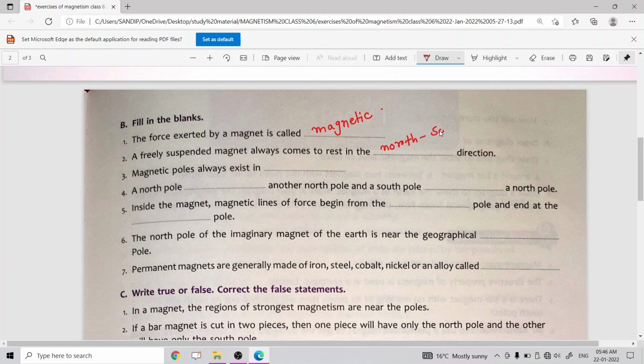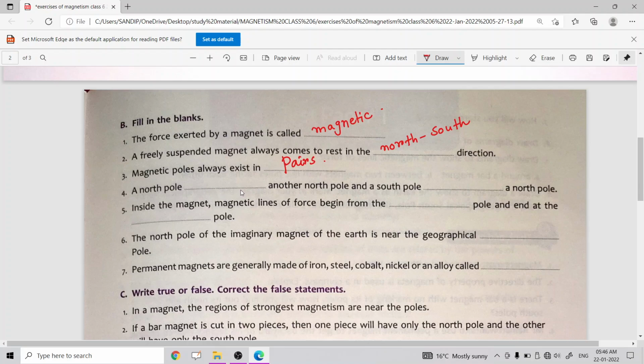North south direction. And the next one is: magnetic poles always exist in pairs. We cannot get a single pole, it always comes in pairs.